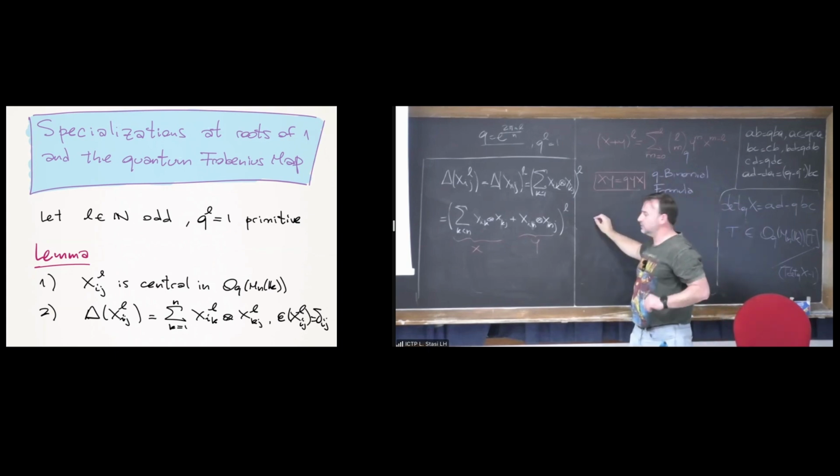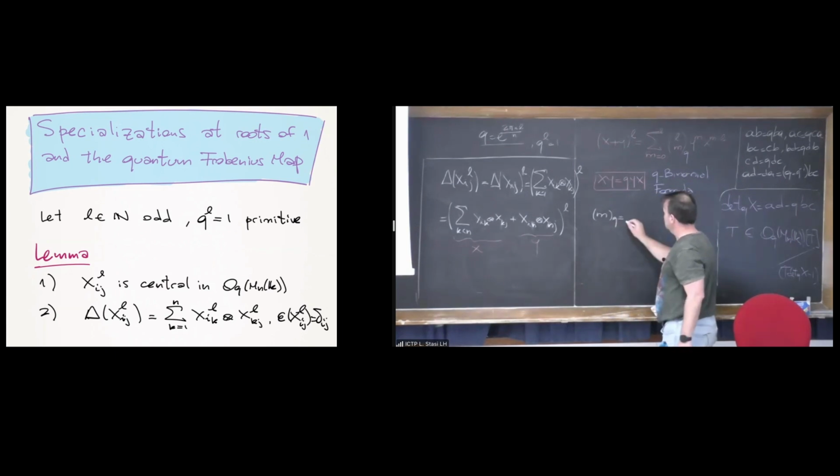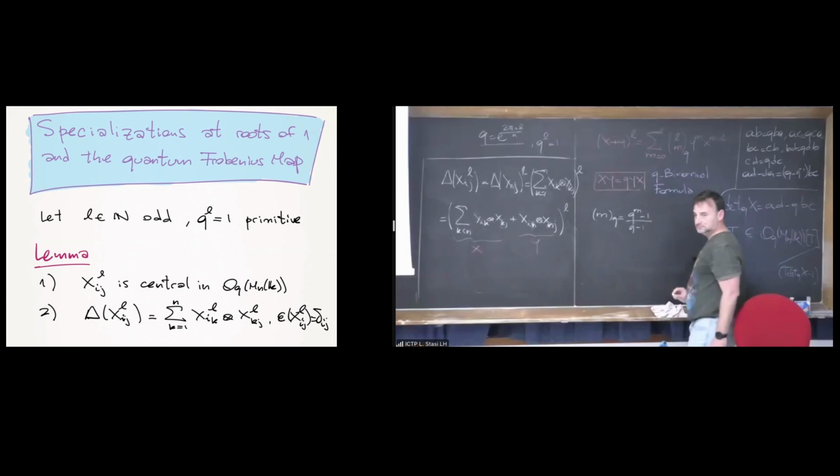And what is the Q-binomial? First we define what a Q-number is. If Q is not 1, a Q-number is defined as (Q^m minus 1) divided by (Q minus 1). If Q is 1, this is the same as writing Q^(m-1) plus Q^(m-2) plus up to Q plus 1.